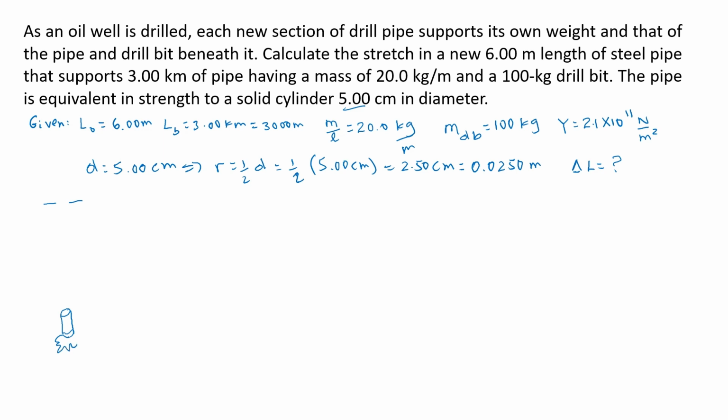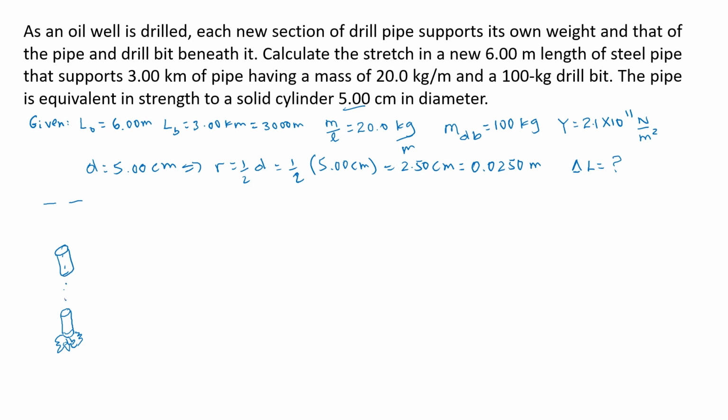Drill bit is the one which actually drills, so let's call it drill bit. Now there are a number of pipes inserted already. They are up to 3,000 meters, means if each one is 6, there are actually 500 of them already inserted.